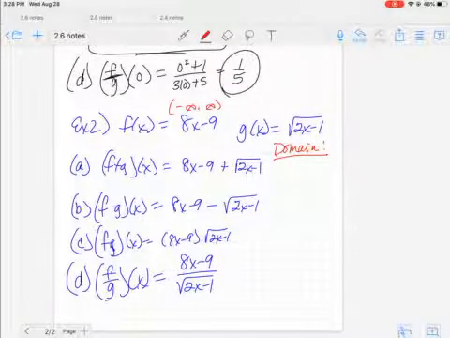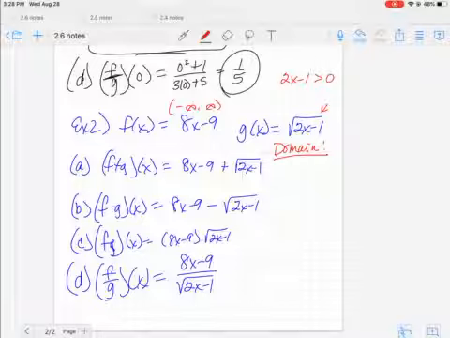So because I can't have a negative under the radical, I want to say, where is 2x minus 1 going to be greater than or equal to 0, because it could be equal to, right? So solve for that: add 1 to both sides, divide by 2. My domain for g of x is all the values of x that are greater than or equal to 1/2.